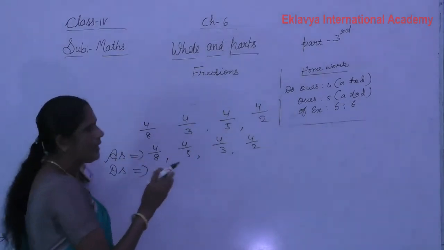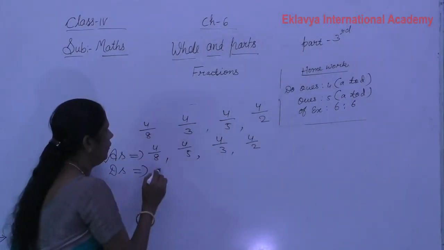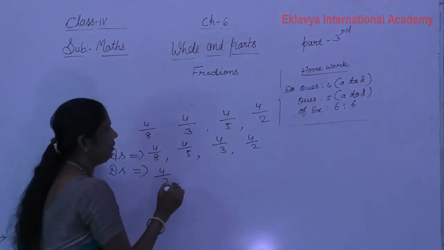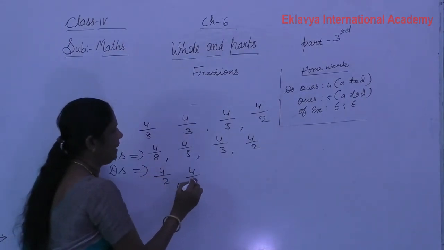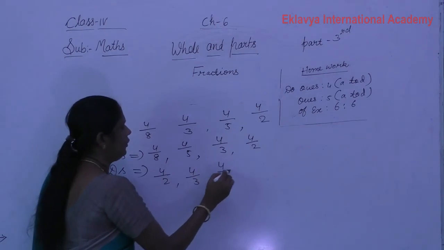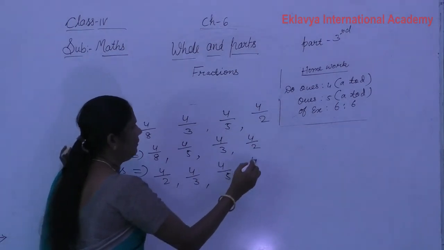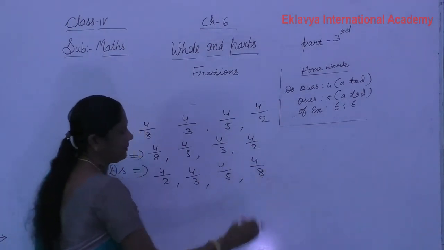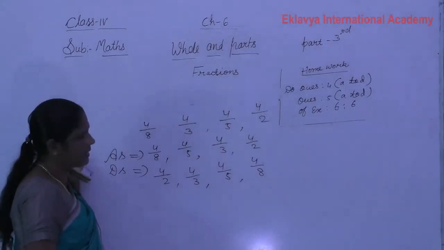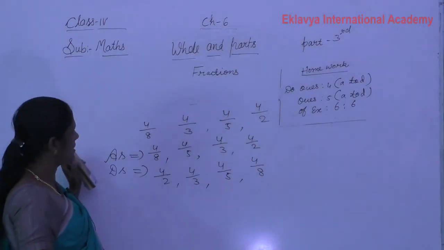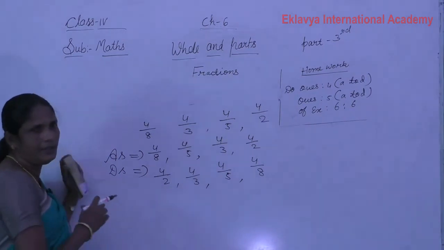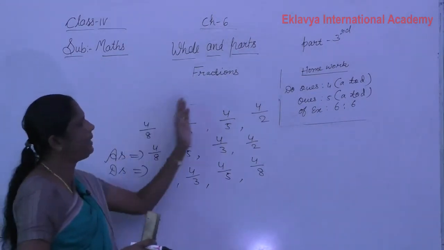Which is the greater fraction? 4 by 2, then 4 by 3, then 4 by 5, then 4 by 8. Understand? This is the ascending and descending order of same denominators.